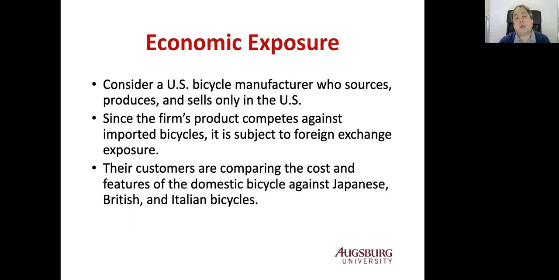So if you run a bicycle company in the United States and only source, produce, and sell in the United States, so it's a purely domestic firm, you don't have any imported goods to use. Since the firm's products compete against imported bicycles, it is subject to foreign exchange exposure. Customers usually don't care whether a bicycle is from the US, Italy, or China.